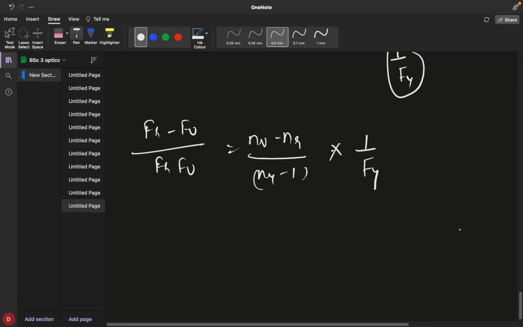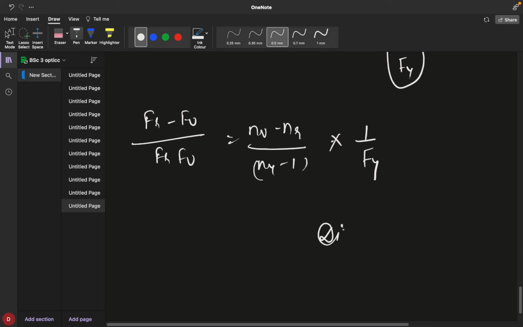If you remember dispersive power, it is defined by omega. Omega is the change in refractive index between violet and red upon its mean value.